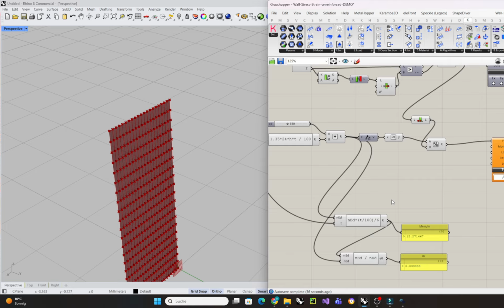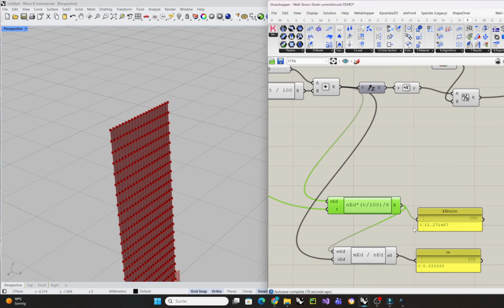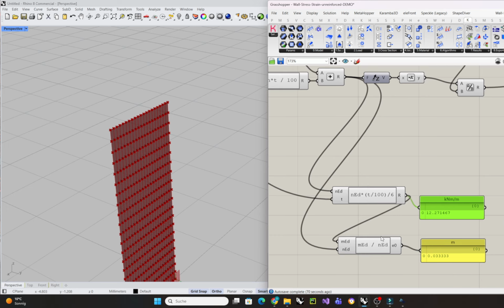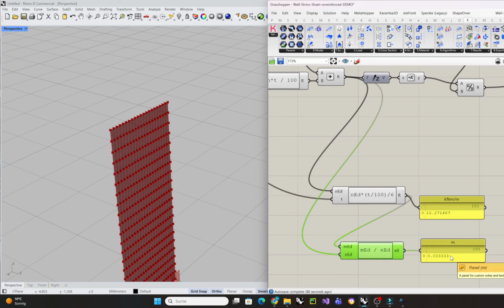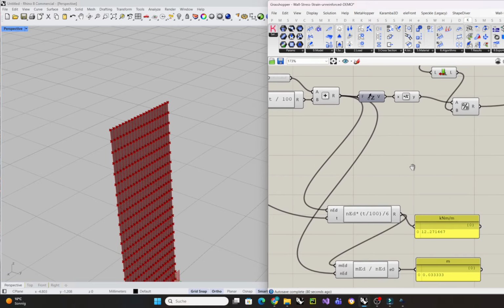As I said, the wall is getting the slab load with eccentricity, and in Karamba there is no possibility right now to give a shell cross section with eccentricity, so I will write manually the formulas to find out the moment on the top of the wall, and then the eccentricity as a consequence.